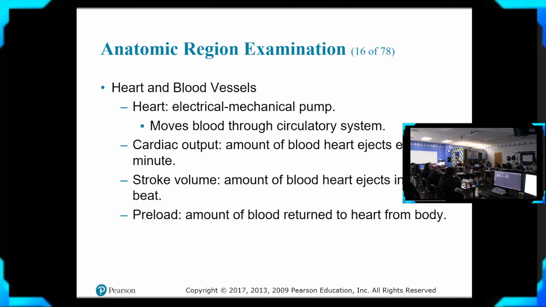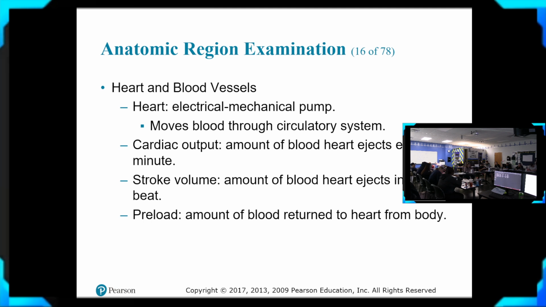Heart as an electrical pump, obviously we know the heart moves blood. Cardiac output, again, you need to know these. Cardiac output is the amount of blood the heart ejects each minute. Stroke volume is the amount of blood in one heartbeat.